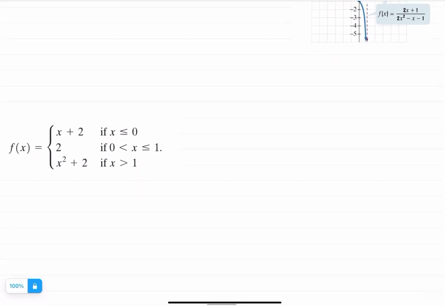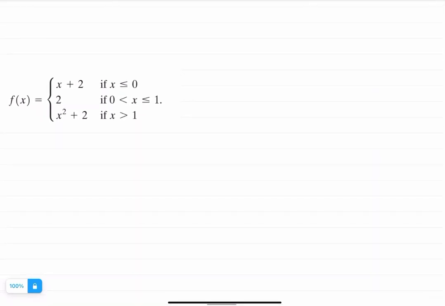The second example is that of a piecewise function. We will have to check if the function is defined for x equal to 0.